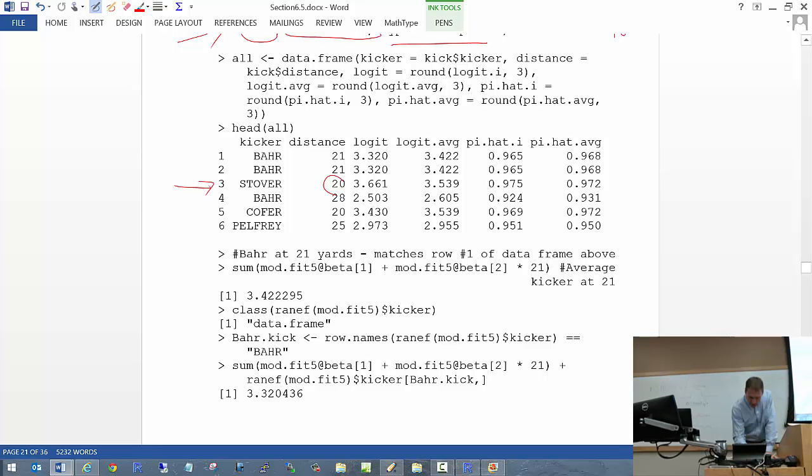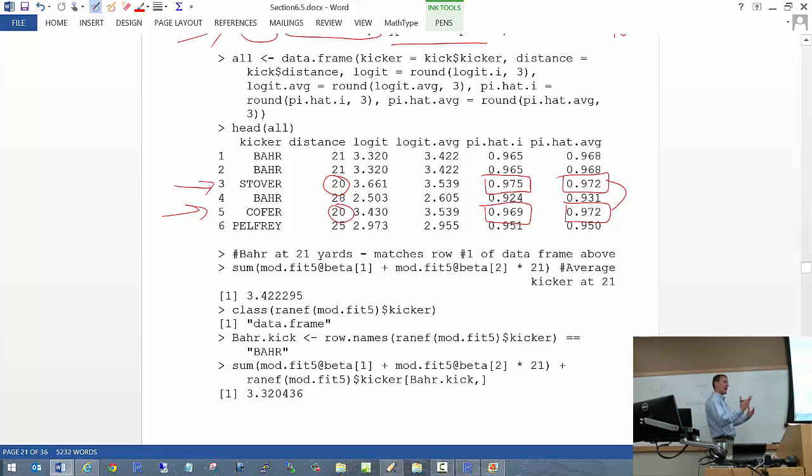So let's focus on Stover here. For a distance of 20 yards, his estimated probability of success was 0.975. For the average place kicker, it's 0.972. For Kofer, for 20 yards, his estimated probability of success is 0.969. The average place kicker is 0.972.